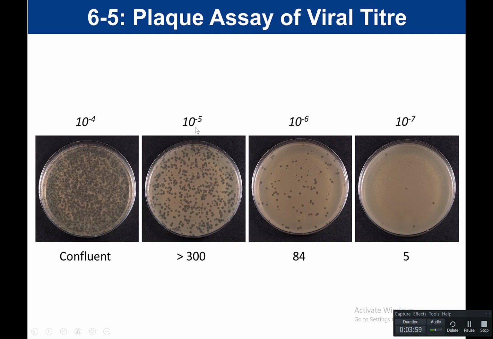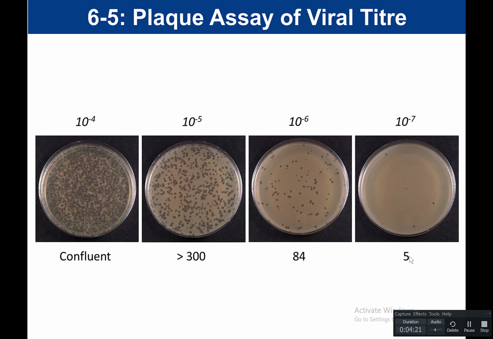10 to the negative 5, this plate has greater than 300. 10 to the negative 6, if we count each of these little plaques, whether they're small or large, every plaque counts. If we count those plaques, we get 84 plaques on this plate. 10 to the negative 7 has 5 plaques on this plate.